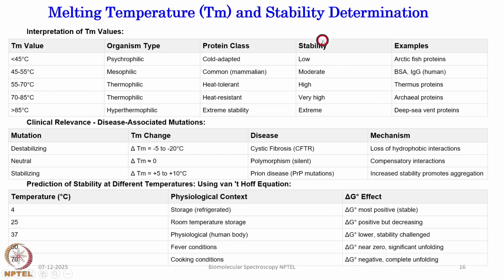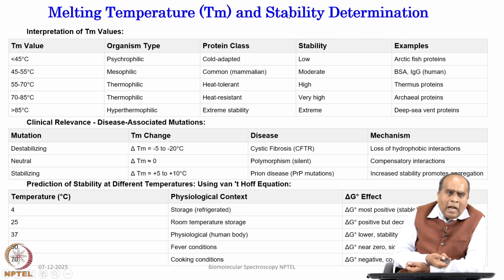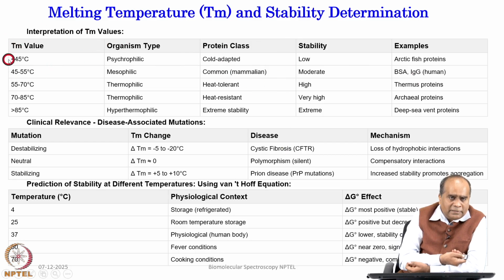Now, let us extend our discussion on the melting temperature, Tm, and stability determination of any protein. This is very important, because many organisms have optimized this Tm for their survival. If the Tm value is less than 45 degree, it is a cold adapted organism, called psychrophilic.